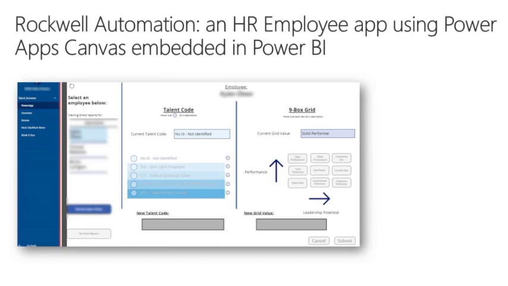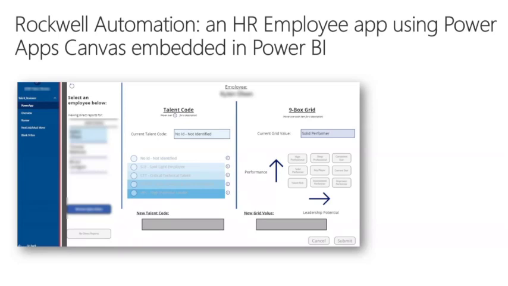Here's another example of Power Apps integrated in Power BI. Fortunately, I don't have better screenshots, but this is a Power BI report, and this is an HR employee app. They needed additional information from employees, and there was a bunch of data already available and rendered within the report.